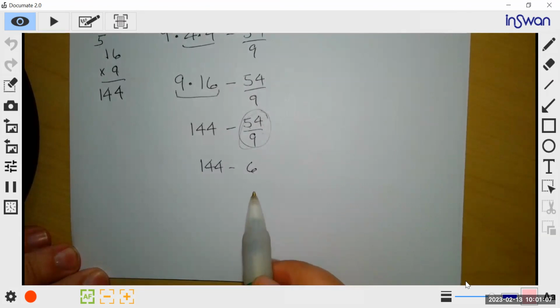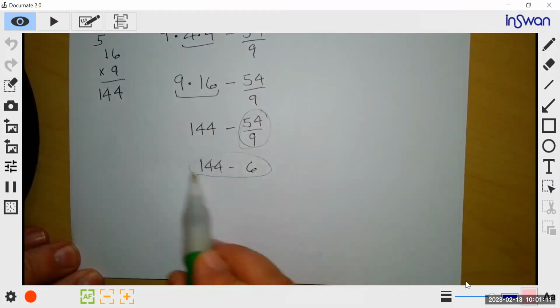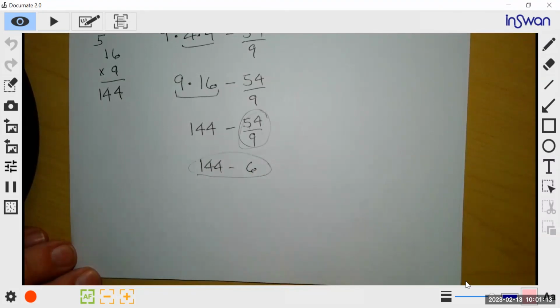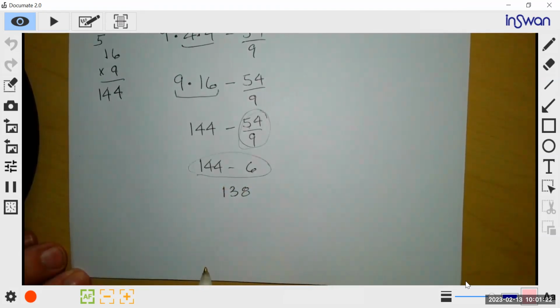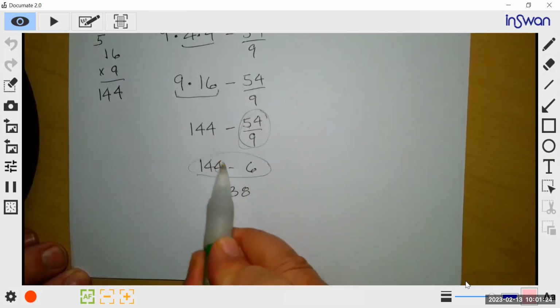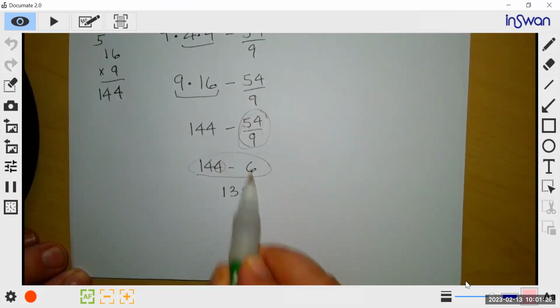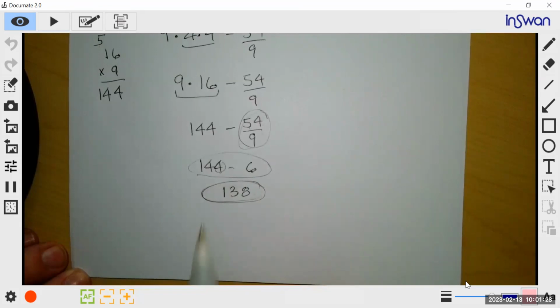Any special operations? No. Multiplication, division? No. So all we have left is subtraction. 144 minus 6. We need 4 from there and then 2 left over. So the answer is 138.